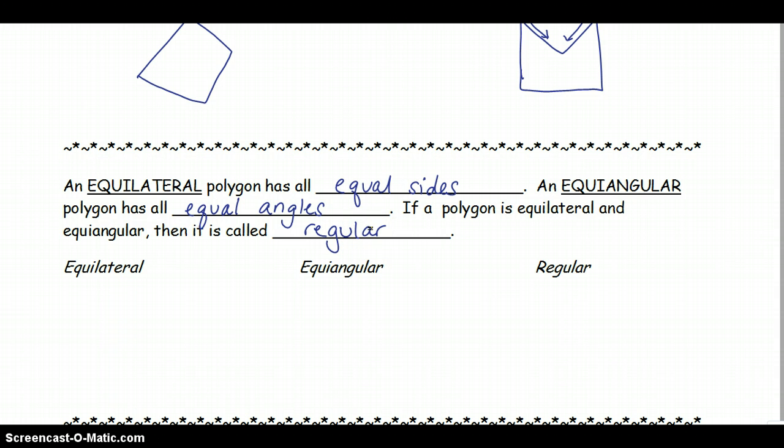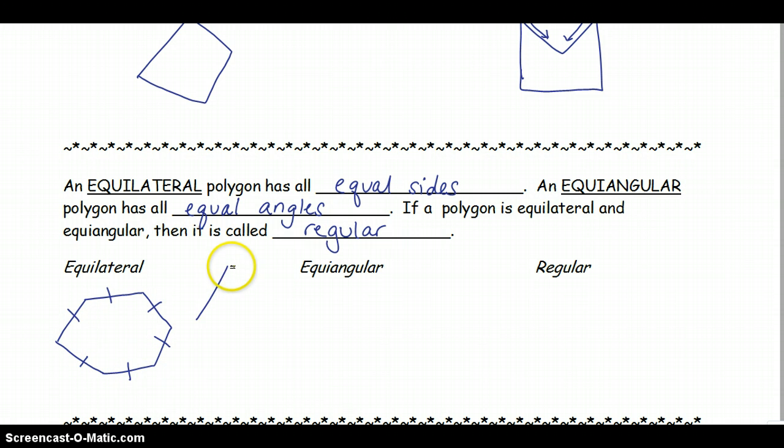So let me draw you examples of what I mean. Equilateral is if all the sides are equal. So you can have, maybe a hexagon and pretend that all of those sides are exactly the same length. So you'd have markings on it that look like this, where all of the sides have the tick marks to show that they're equal.